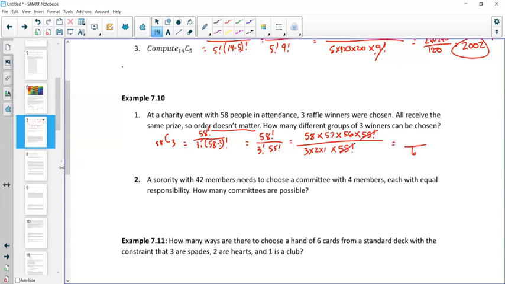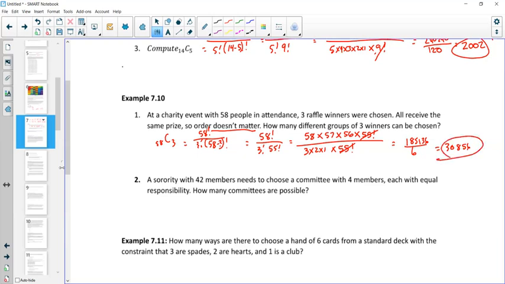I know this is 6. 58 times 57 times 56. We have 185,136 divided by 6. Was 30,856.